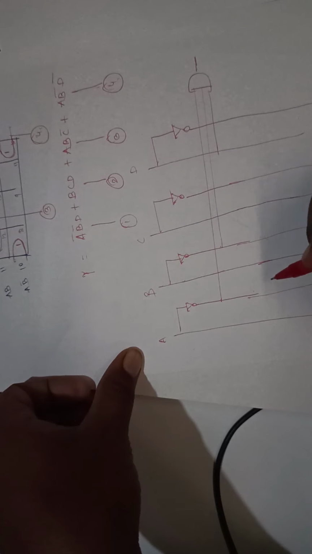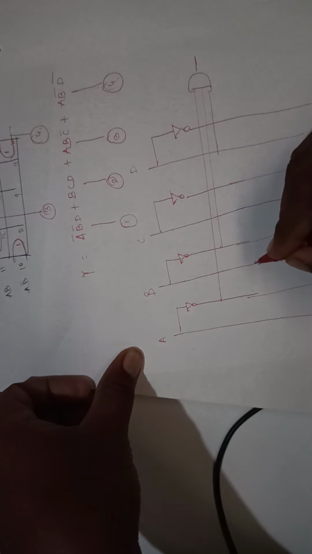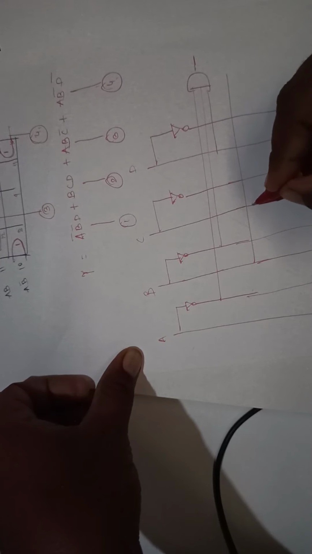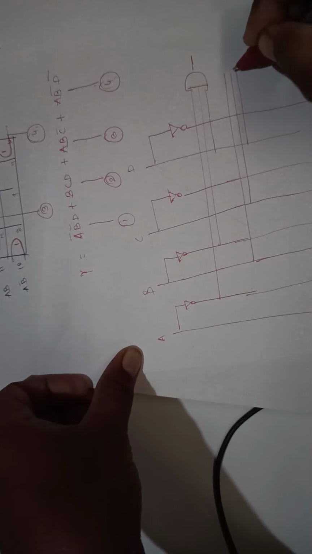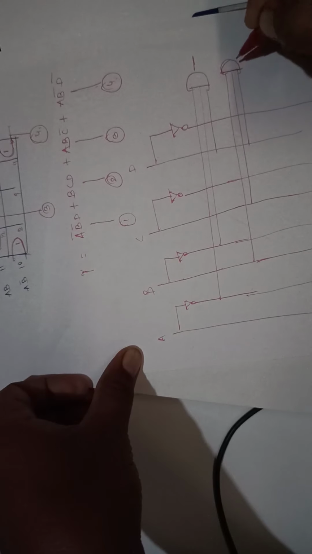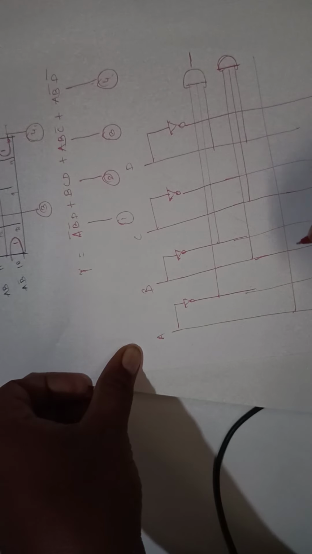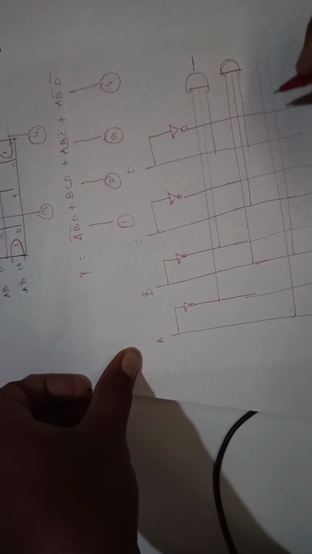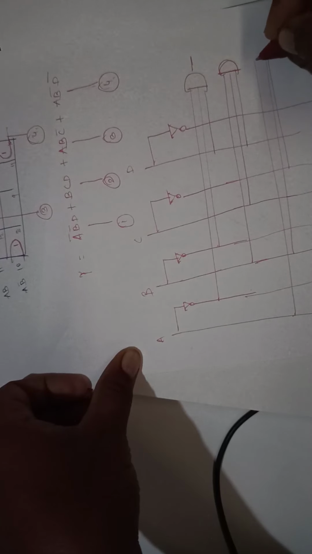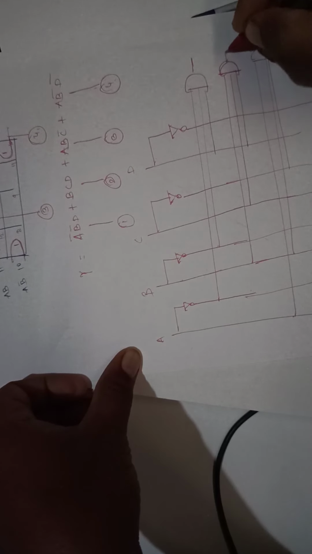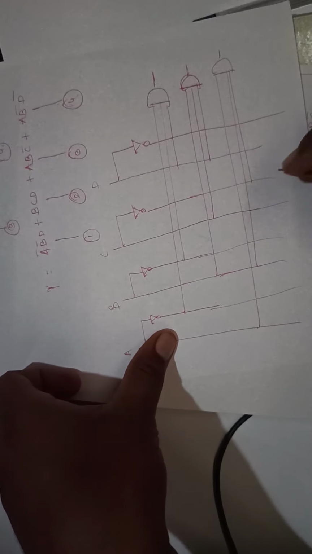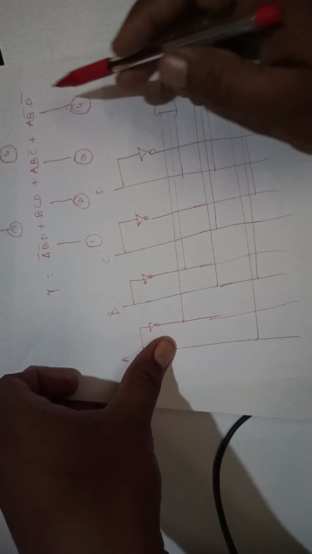Second one, B C D. That is B, C, and D. Third one, A B C bar. That is A, B, and here is C bar. And fourth one, that is A B bar D bar.